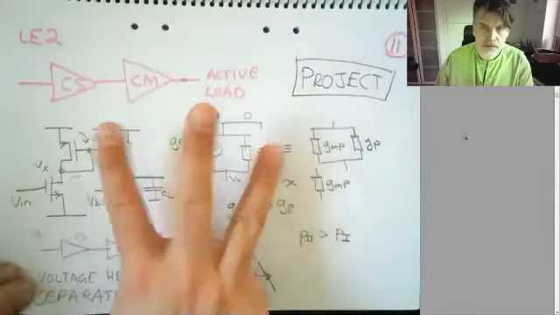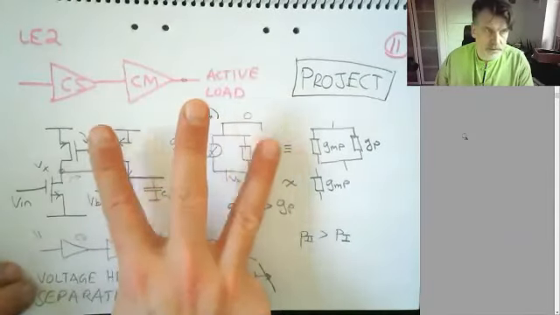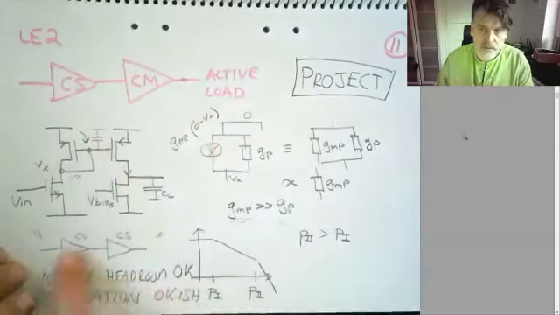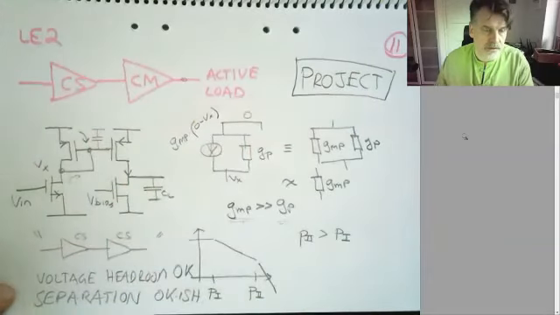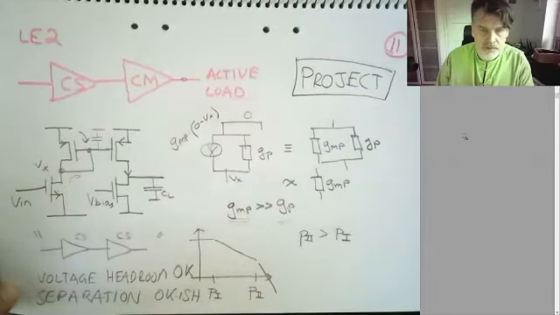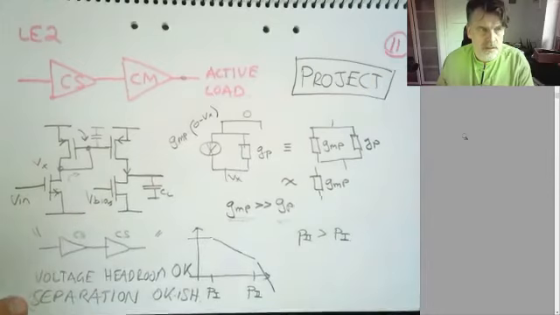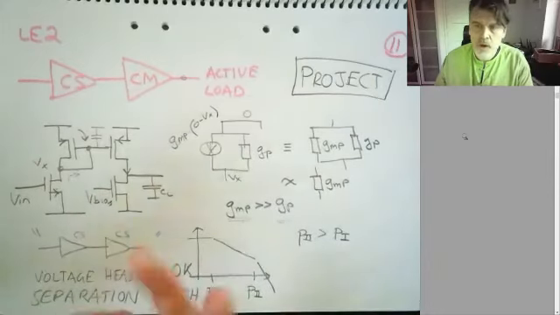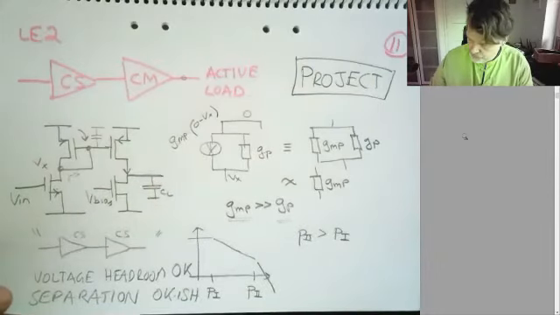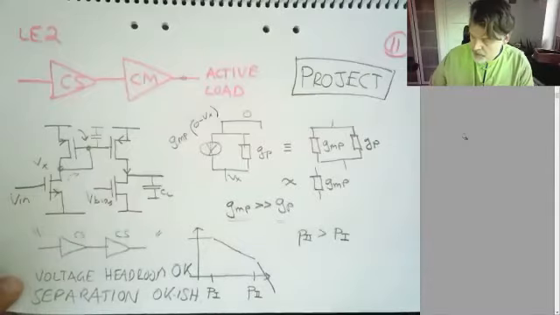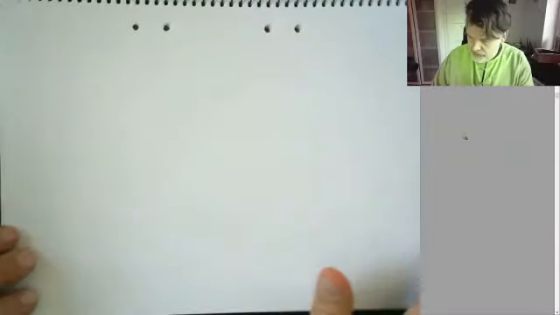So 3 different types of amplifiers with 3 different characteristics according to the discussions I've given you here. Some of them have improved voltage headroom, some of them have improved frequency characteristics. And that's why you choose them, more or less. So they have a purpose, and it's quite easy to understand the purpose if you look into this discussion here.